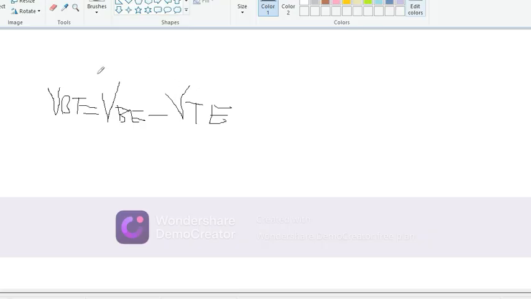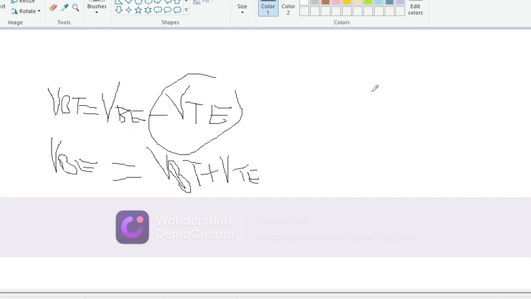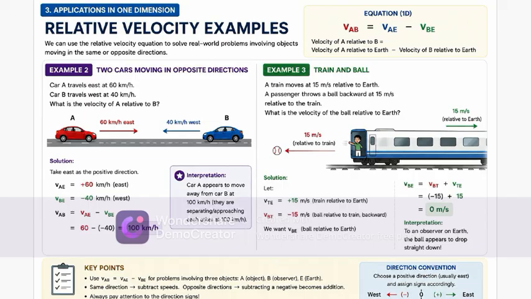Since we are looking for the velocity of bow relative to Earth, we make it the subject of the formula, so when VTE jumps to the opposite side, it becomes positive. This is how the equation came about, where velocity of B relative to Earth is equal to VBT plus VTE.